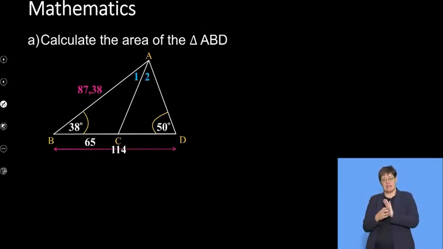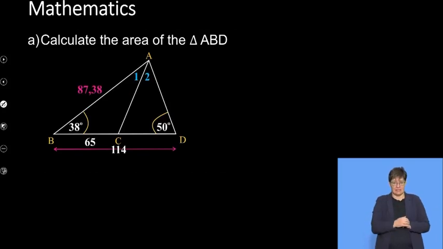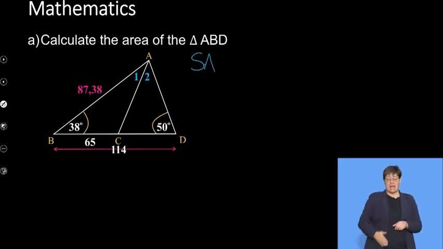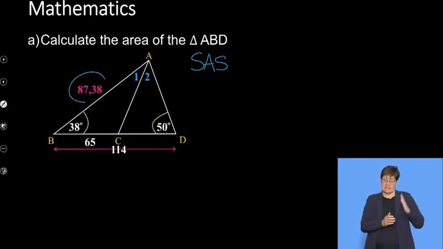So here they've asked us to calculate the area of ABD. So how are we going to calculate the area of ABD? What do we need to find the area? For area we need side, angle, side. So it's easy. We're going to use side, angle, and side.